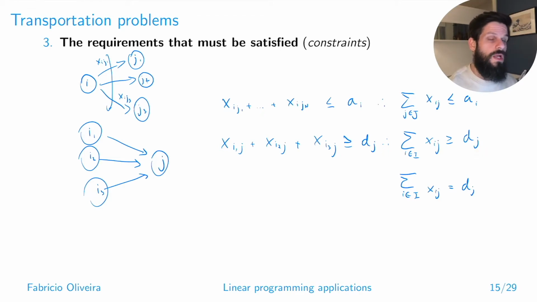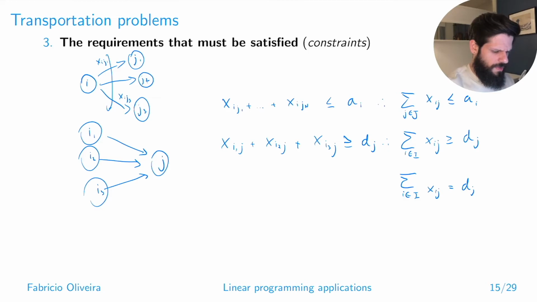Say if you have uncertainty in the demand, for example, like we're going to look at later on as well. But these two in this context would be equivalent, because when you find an optimal solution, you're not going to find a solution where you send more than the demand. Because you just have to satisfy this minimally, and the more you send, the more you pay for.